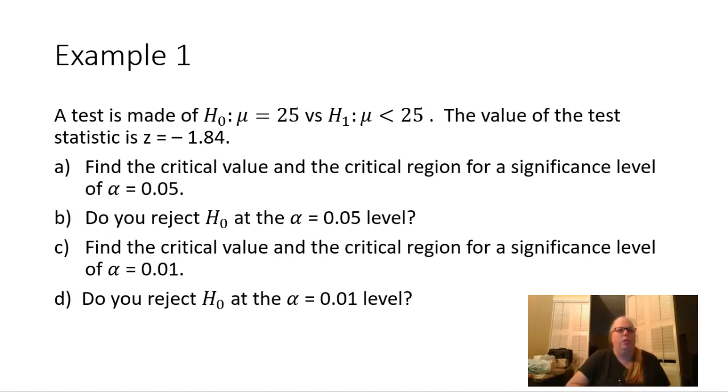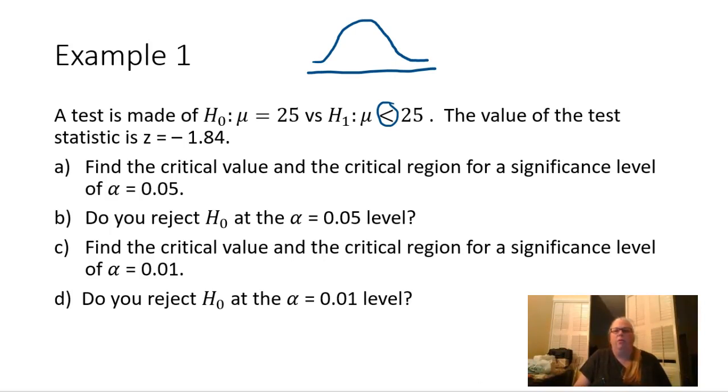Okay, let's draw a picture of what's going on here. We have a left-tailed test, and I know that because of the less than sign right here. So in our picture, if we sketch in our normal curve, the left-tailed test is going to go from somewhere in here, and we're going to shade it to the left.